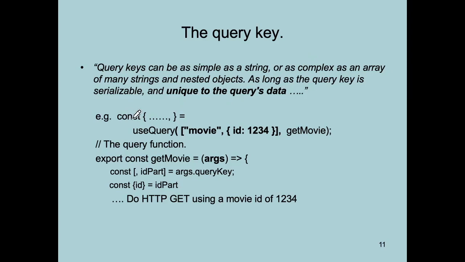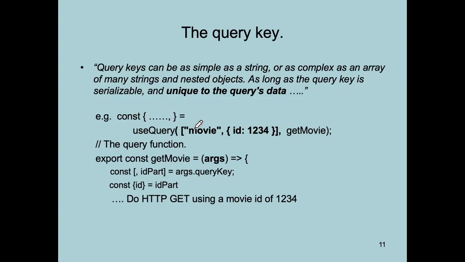Going to our movies example, when we want to ask the cache, do you have a particular movie in your data store? Then maybe this might be my key construct for a movie.